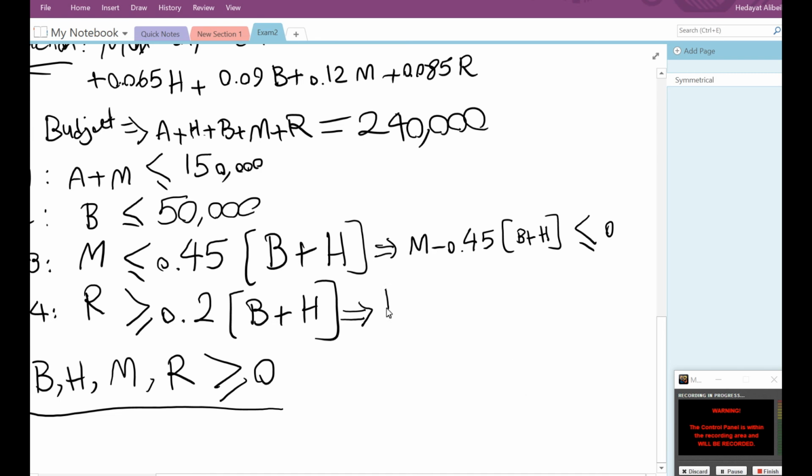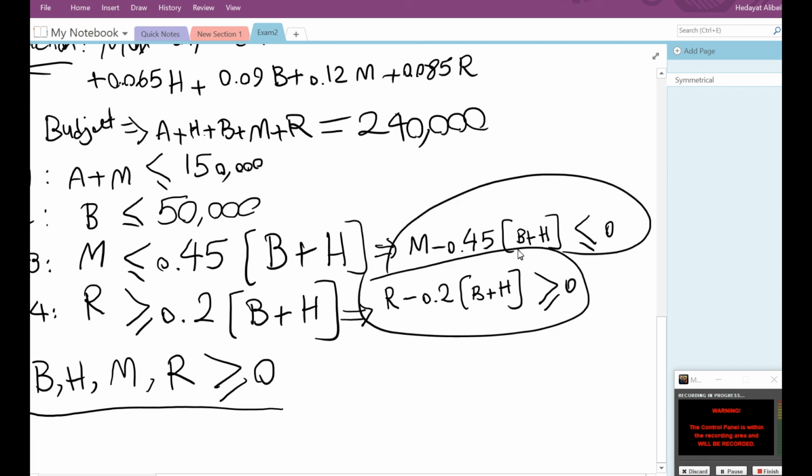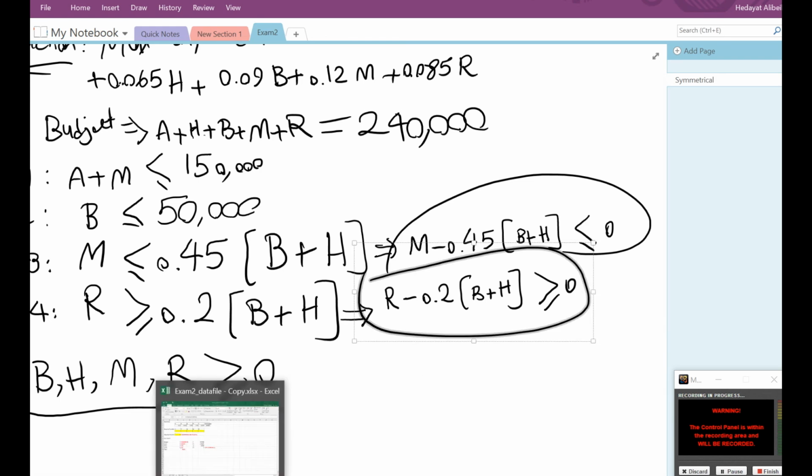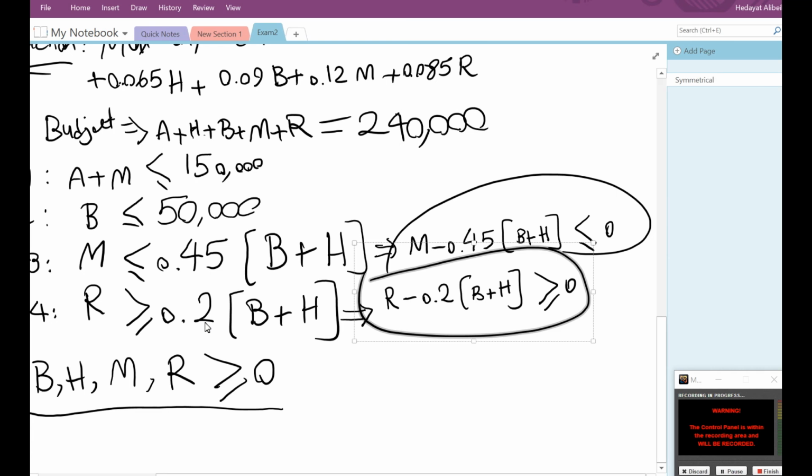There shouldn't be any problem technically, but just in case. So if you face any trouble, you may transform it to this format. But here I'm going to use the original format.